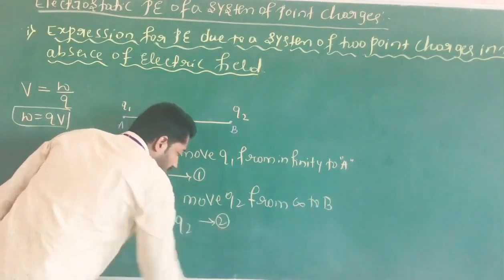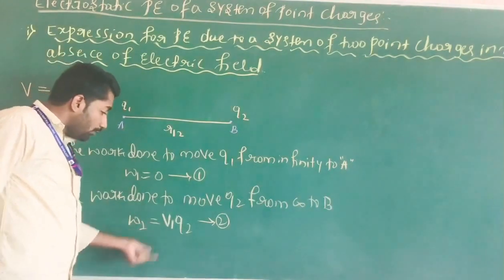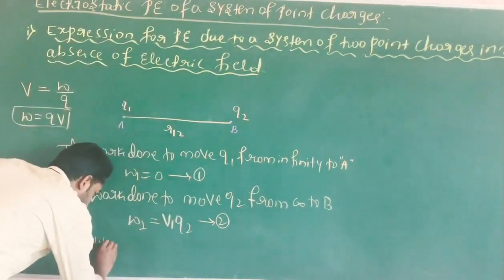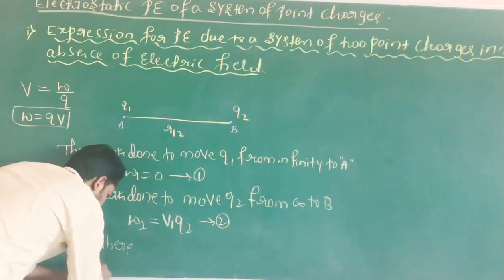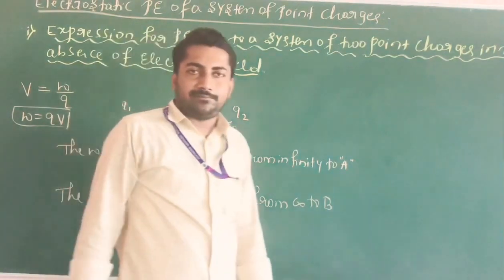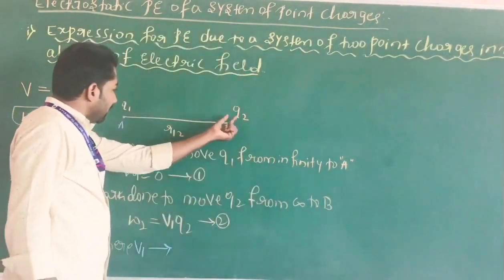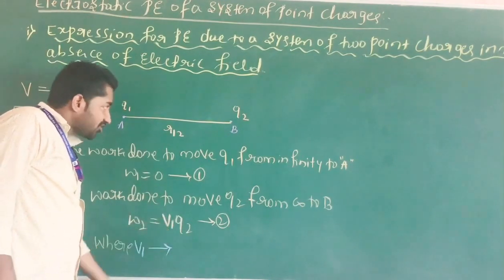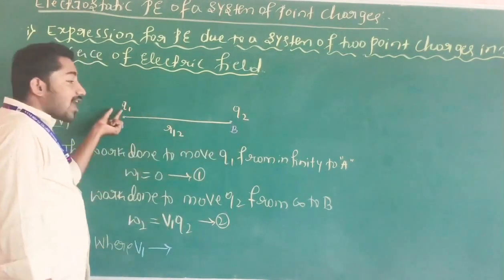This is equation number 2. V1 is the electric potential at point B due to the charge Q1.